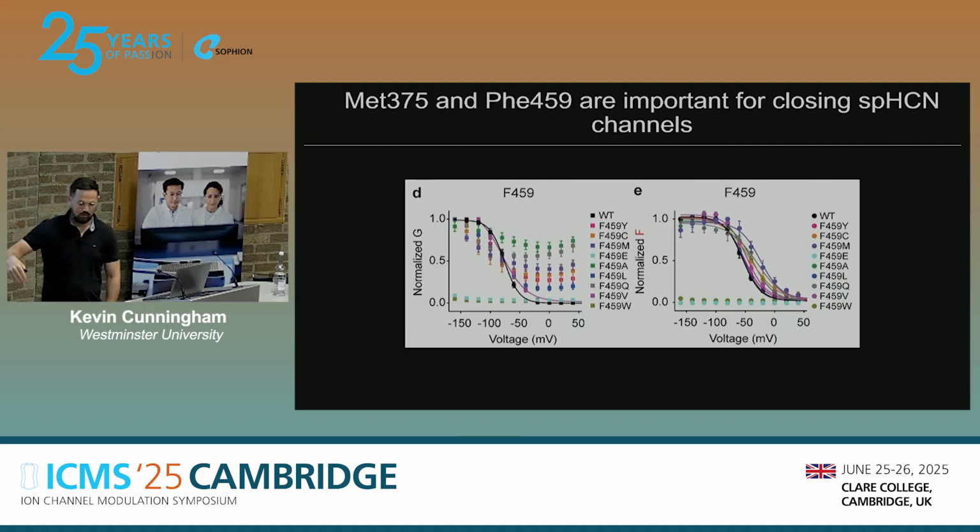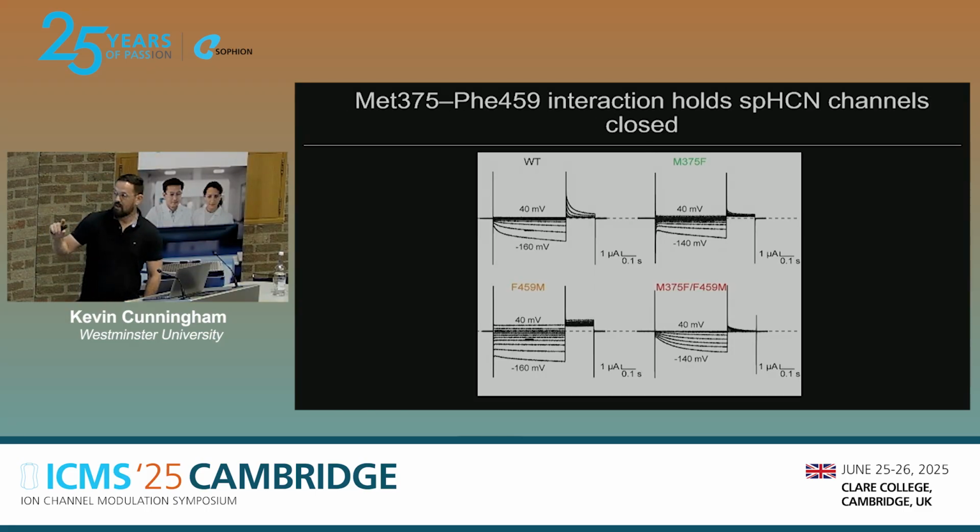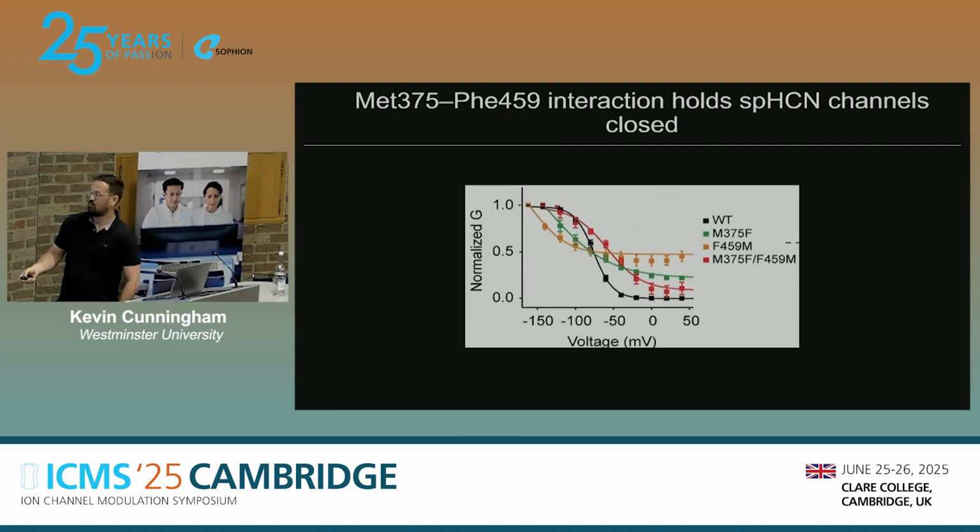We need to look into that with more detail, but we found that it looks like the more hydrophobic the residue, the more it plays a key role in that closing within that pocket. So we then did the reverse mutation, and what we got was a restoration of HCN-like current. It was reduced, but we did restore that current to close, albeit shifted towards a more positive potential.